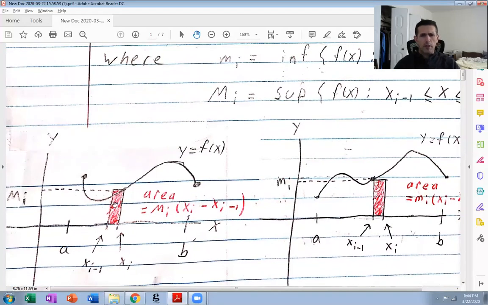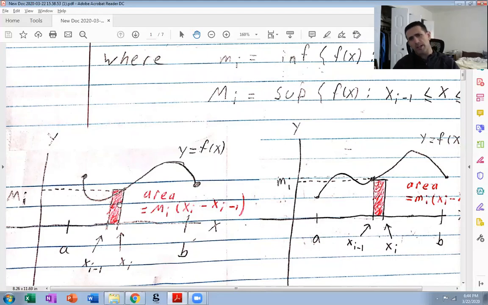And we do the same thing for the upper Riemann sums. Each term is of this form. This height here, the supremum of the function on each little interval, times the width of my little interval. And we add up the areas of each rectangle.